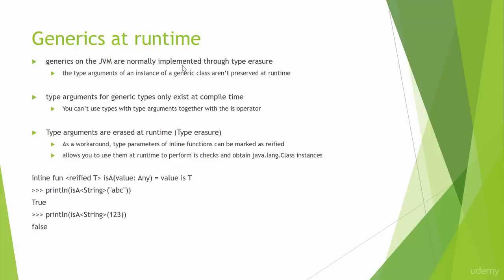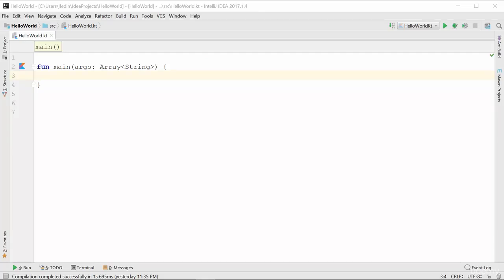Let's look at a couple examples inside IntelliJ. So first, how do we know that our collection classes are generic? Well, you could just write a simple test, right? Let's create a list here.